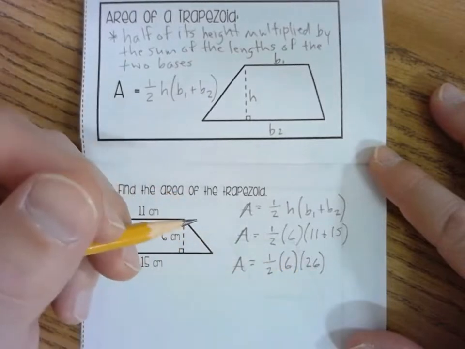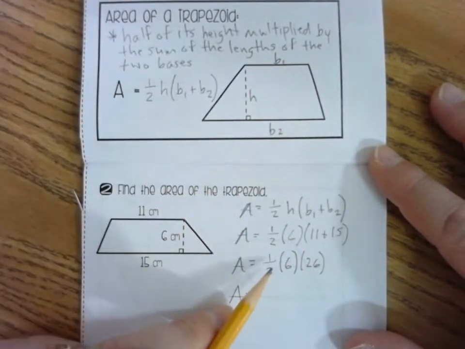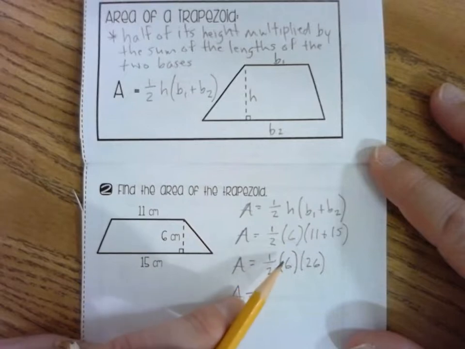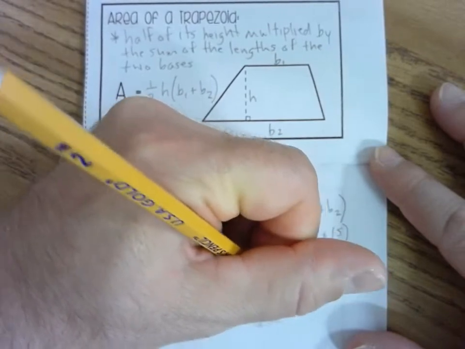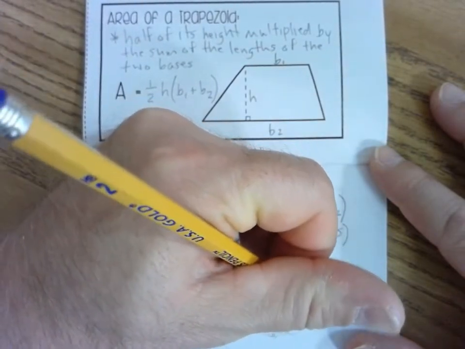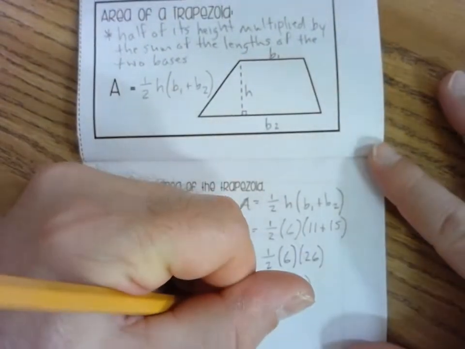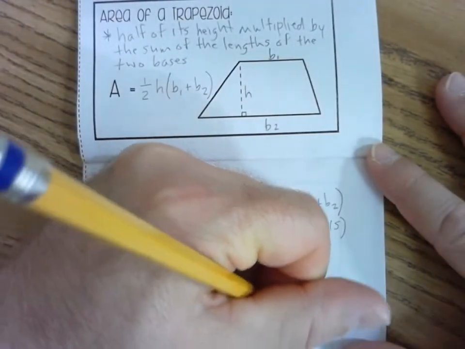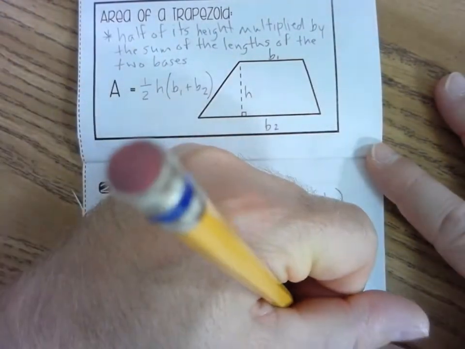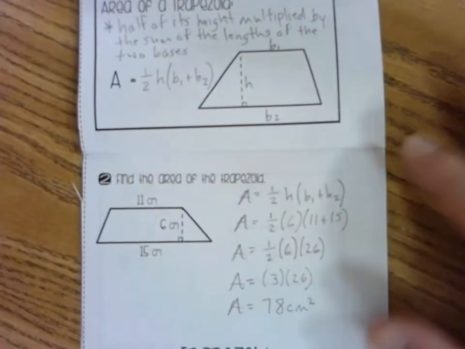What's 1/2 of 6? 3, and then you still have your 26 there. So you have 3 times 26. So your area for this trapezoid is going to be 78 centimeters squared. Okay, so that would be your answer.